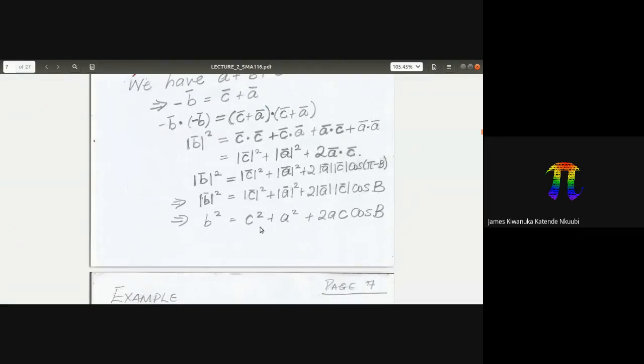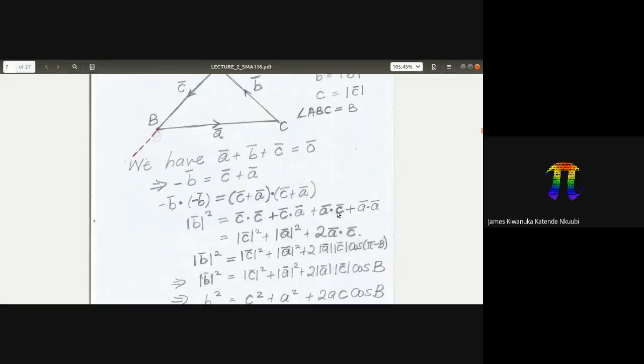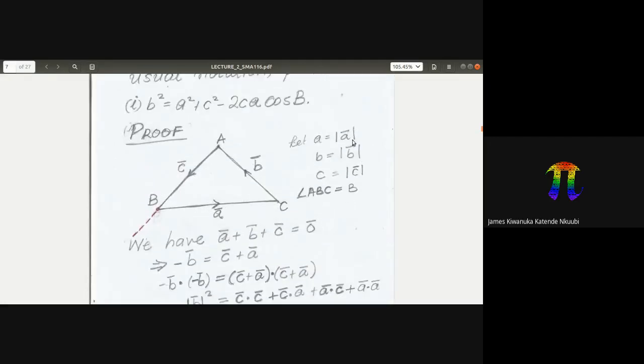and we have B squared is equal to C squared plus A squared plus 2AC multiplied by the cosine of B. Now, we made some statements before that we take the magnitude of A to be this small a, the magnitude of the vector B to be just this B, and the magnitude of the vector C to be equal to this C. This is the notation you are used to from your trigonometry, right from high school.